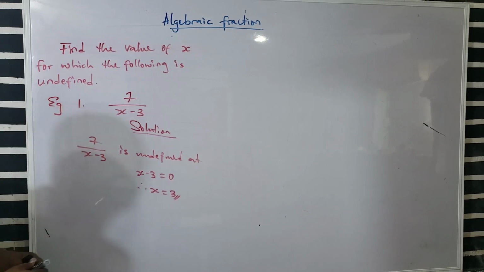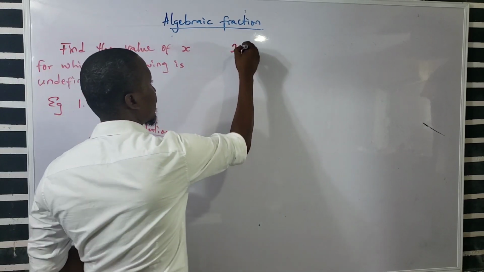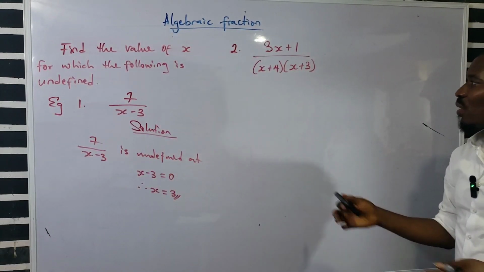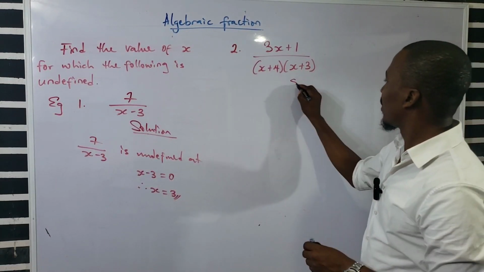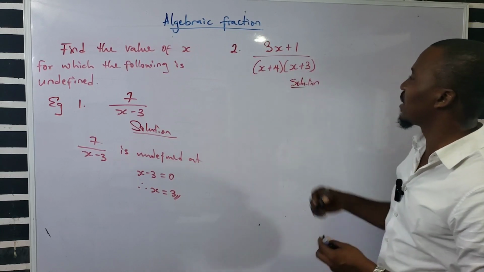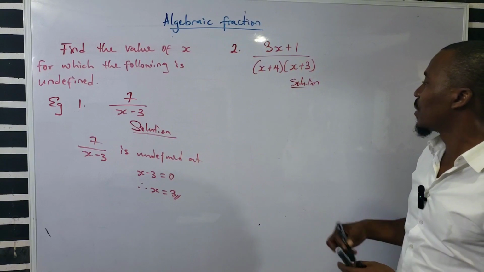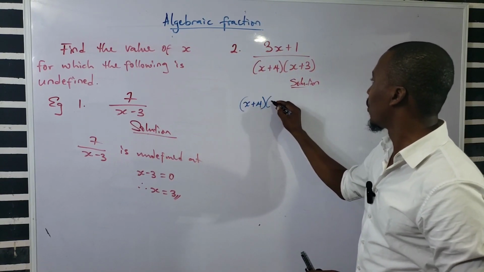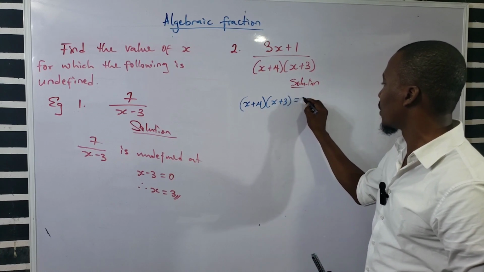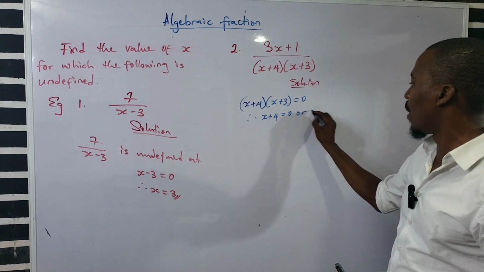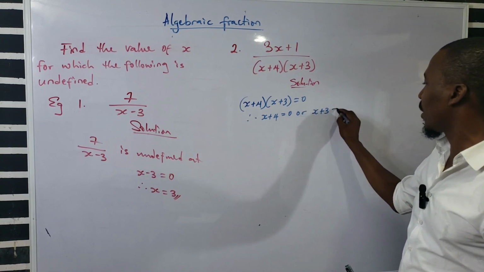So let's look at another example, example 2. Example 2 is not different from example 1. All we need to do is to equate the denominator to 0. So that will give us x plus 4 into x plus 3 equal to 0. Therefore, x plus 4 equal to 0, or x plus 3 equal to 0.